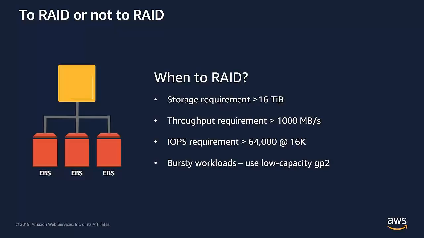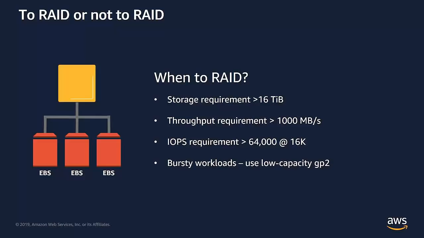You can use a RAID 0 configuration to provide more than 16 terabytes of EBS storage to your application. You can also use striping to achieve throughput or IOPS beyond what a single volume can provide. And for bursty workloads, you can stripe multiple GP2 volumes together for low-cost, high IOPS storage.